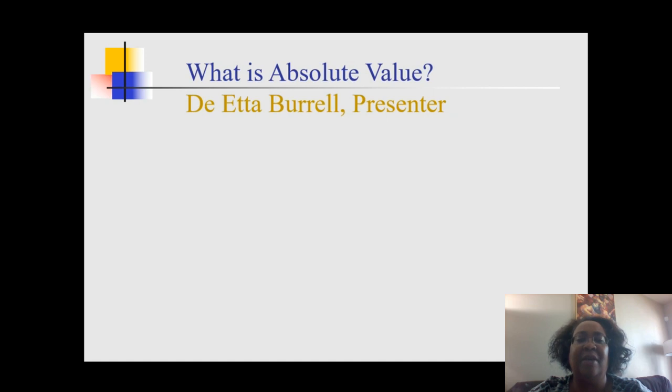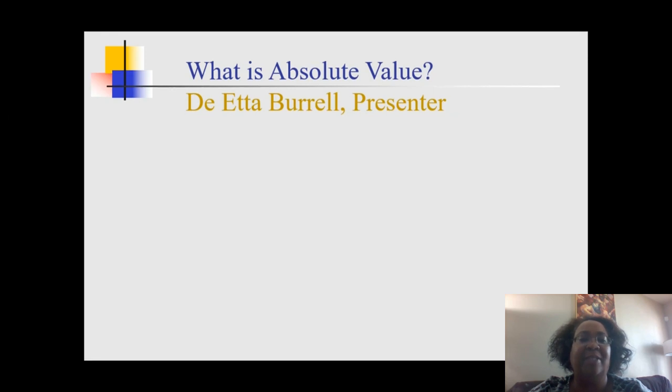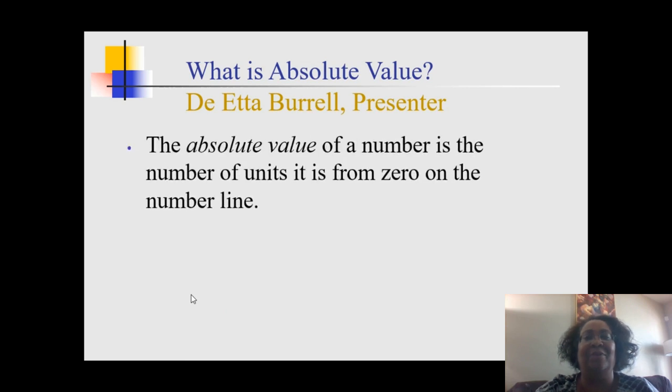The first thing I want to talk about is what exactly is absolute value. The absolute value of a number is the number of units it is from zero on the number line.